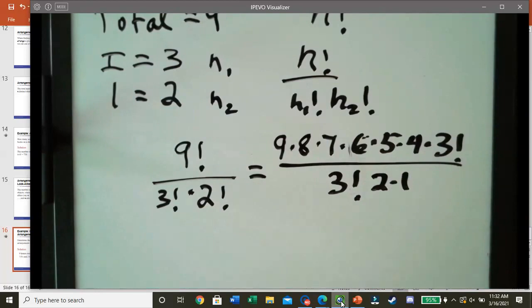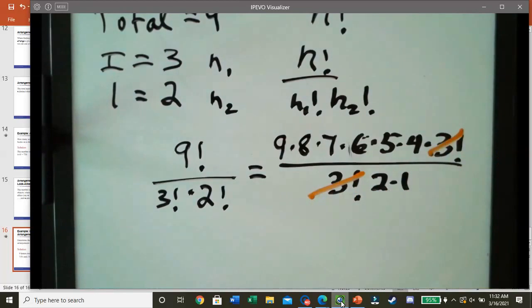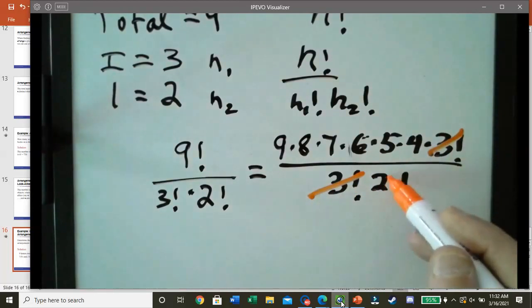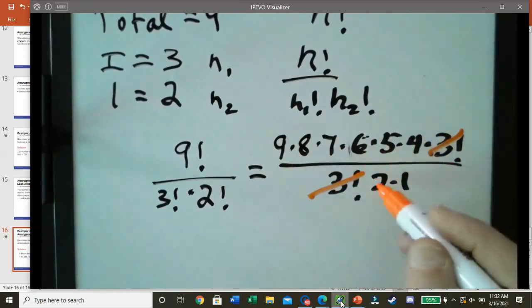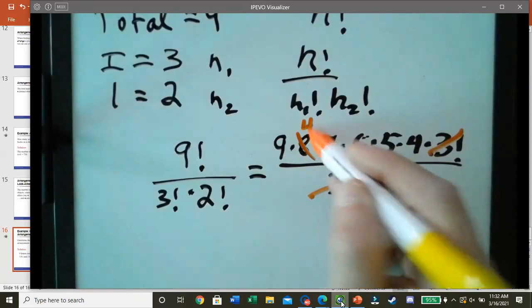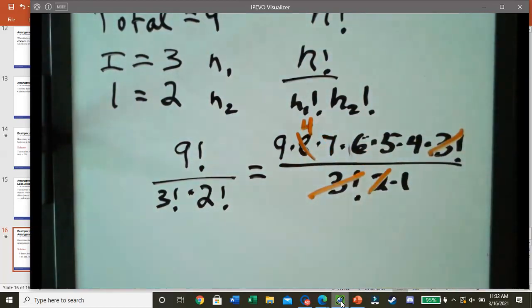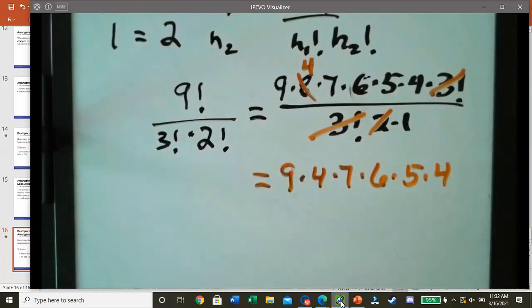The 2 can cancel into any of the even numbers, 4, 6, or 8. I like to cancel that out with the largest. And 1 is just 1. So basically what we have here is 9 times 4 times 7 times 6 times 5 times 4. Okay, questions with that?